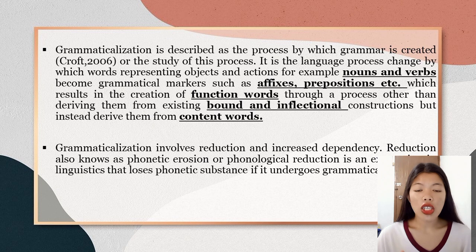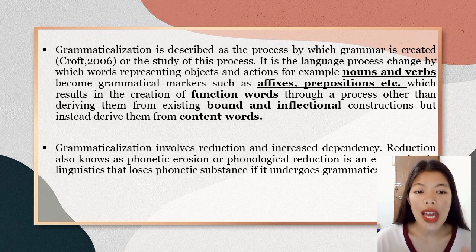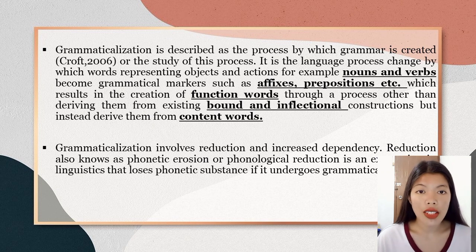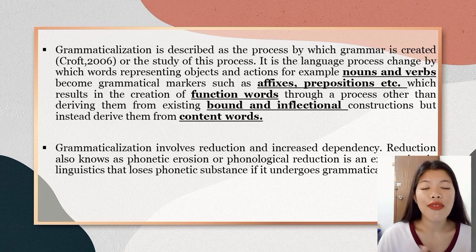Grammaticalization, in addition, involves reduction and increased dependency. Reduction is also known as phonetic erosion or phonological reduction, which is an expression in linguistics that loses phonetic substance as it undergoes grammaticalization, which means it loses some phonemes.